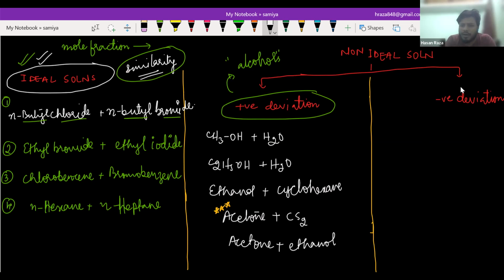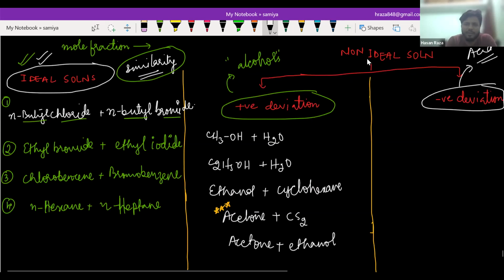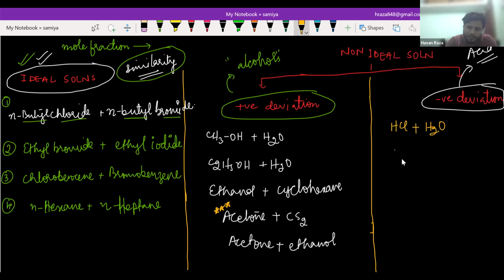How are we going to recognize negative deviation? Generally there will be an acid present in it. For example, HCl plus H2O, HNO3 plus H2O, that means acid plus water.